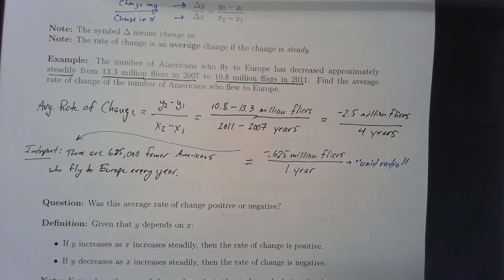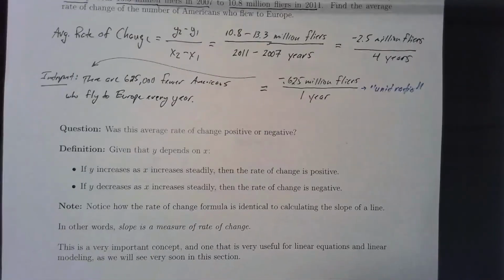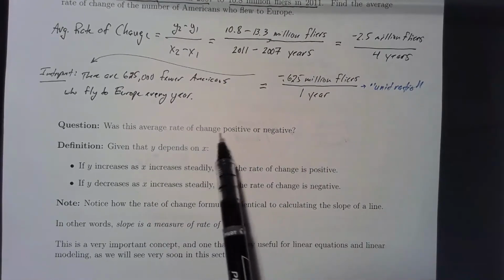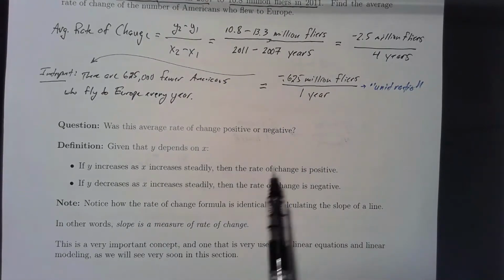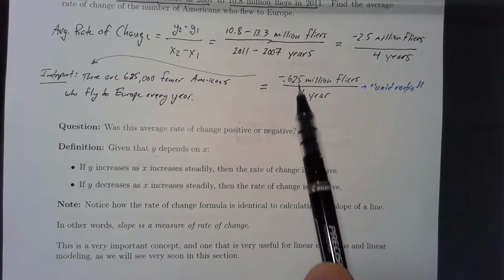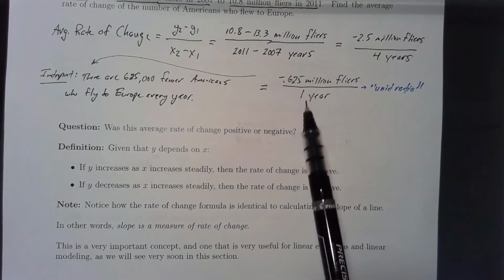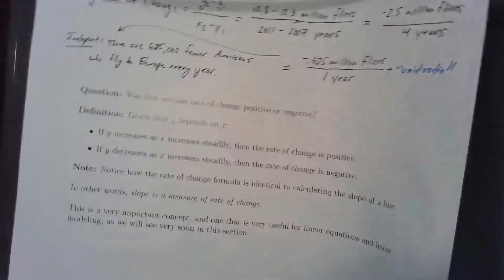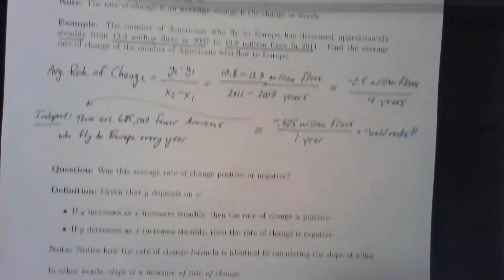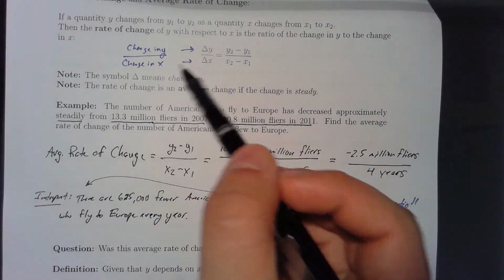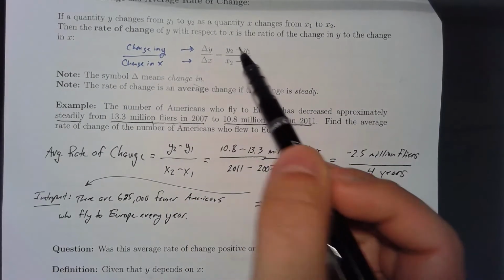Okay, so because this was negative, if the average rate of change is positive or negative, that means as one is increasing, the other one's decreasing, or as one is decreasing and the other is increasing, vice versa. So remember how I just said not too long ago that this formula, the average rate of change, is identical to the slope formula?